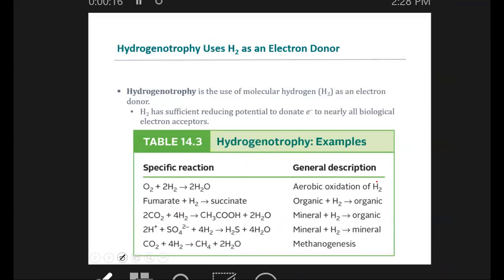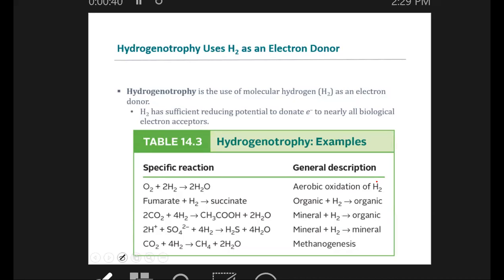So this table, hydrogen gas is a favorite. Microbes usually have hydrogen gas around them due to a variety of things happening in their environment, including other microbes. So there could be other microbes nearby that end up making hydrogen gas and excreting it out.